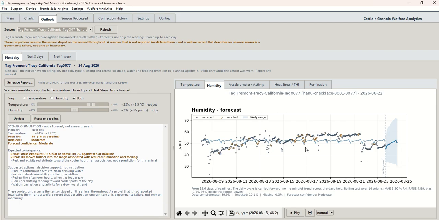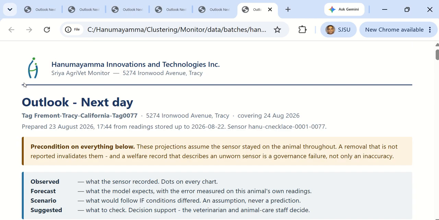Recorded points are in blue. The rolling backtest shows MAE is around 3.5% RH and RMSE is around 4.9%. Bias is slightly negative. The model tends to underpredict humidity by less than 1%. 98% of readings fall inside the likely range. Data completeness is nearly 90% and forecast confidence is moderate.